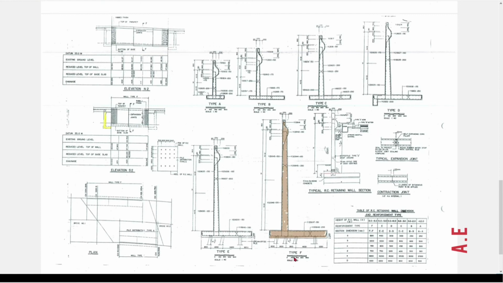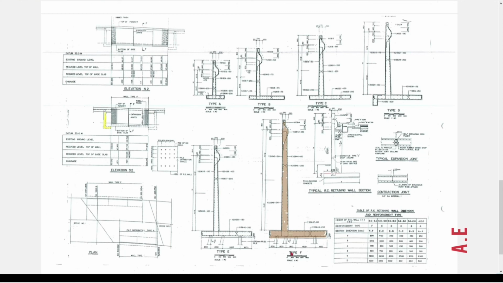Type E and type F are a bit taller than the rest, and the force required to sustain the bearing capacity is too high for the soil.